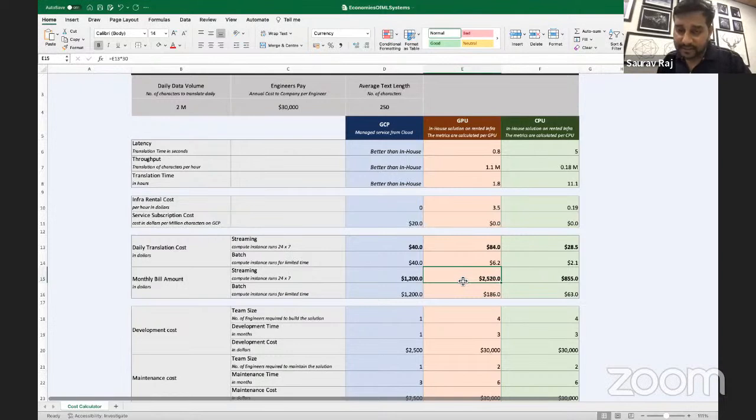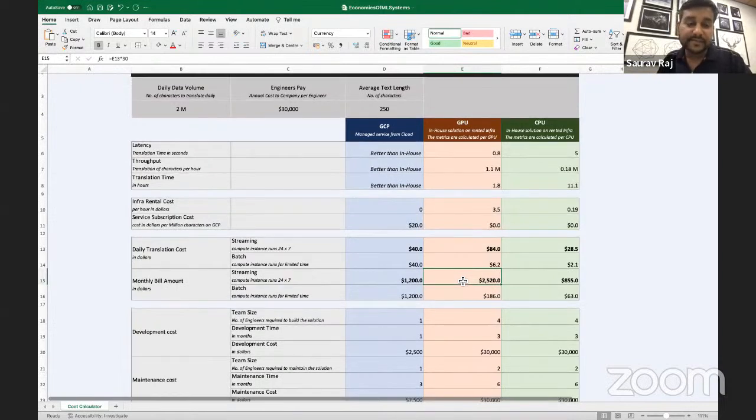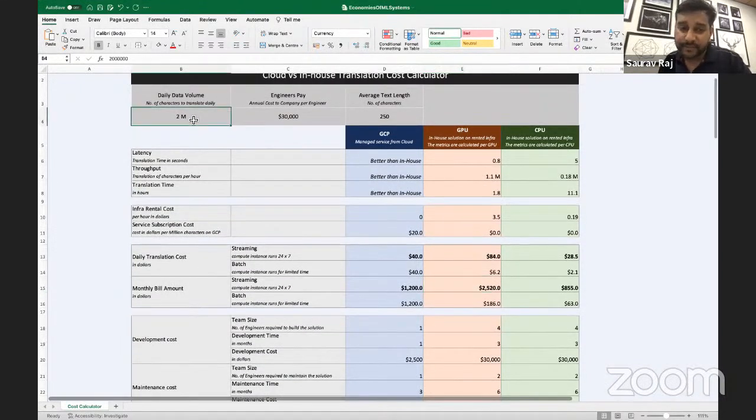Also, the assumption and the reason is that this data volume is uniformly distributed throughout the day. Since it's a uniform distribution, it is well under the throughput limit of 1.1 million character translations per hour, and that is why the GPU instances running in-house can still cater to the increased data volume, and the same for the CPU instances.